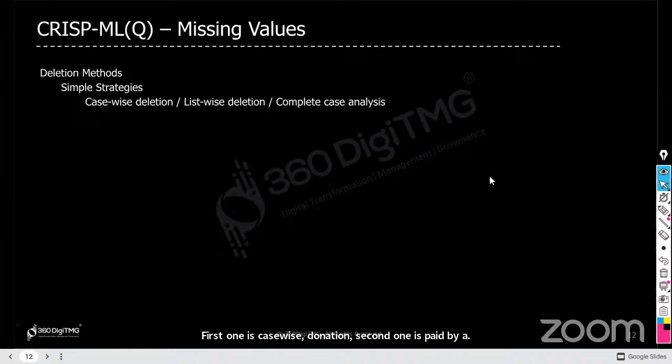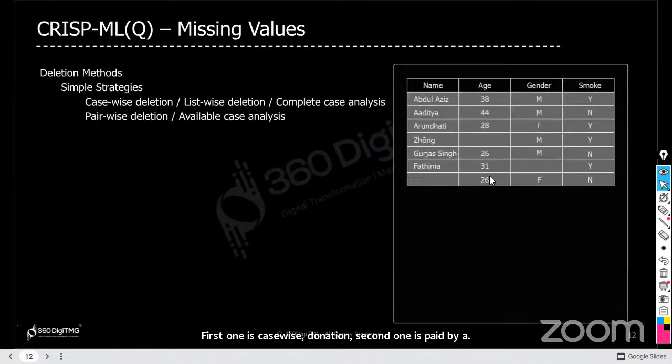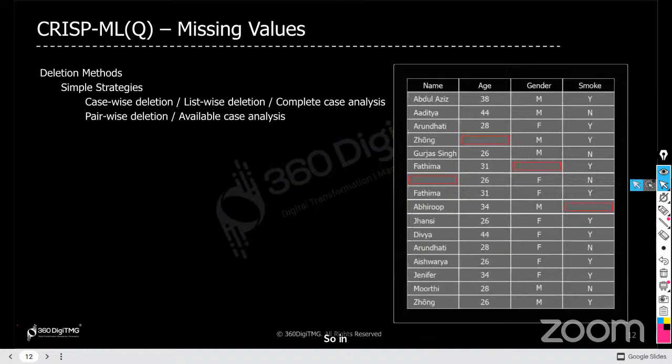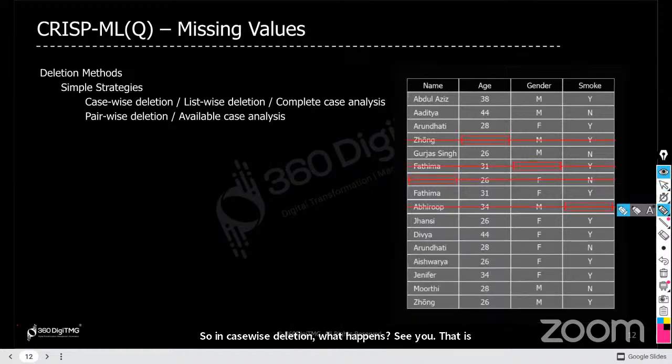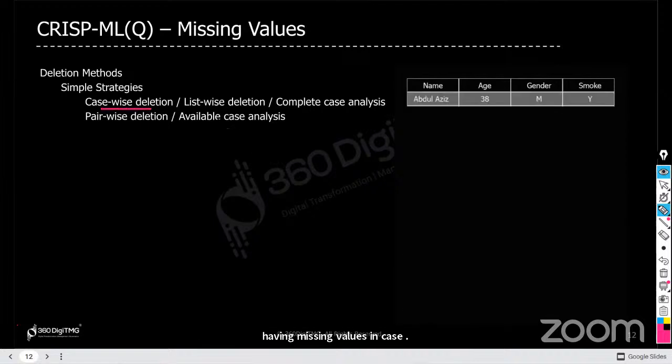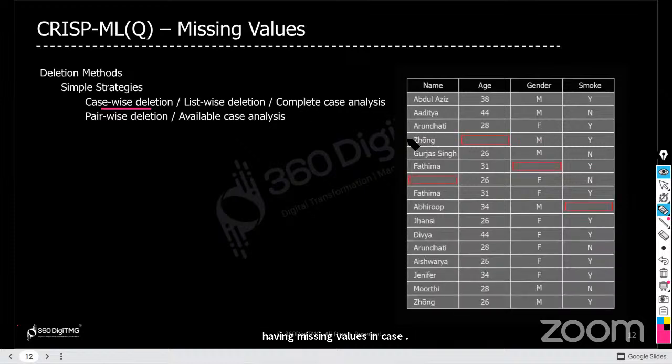So in case-wise deletion, what happens? See here, there is an example provided. In this particular data set, there are a few records which have missing values. In case-wise deletion, whatever records have missing values will get automatically deleted. See here, if we have missing values here, this record will also get deleted.